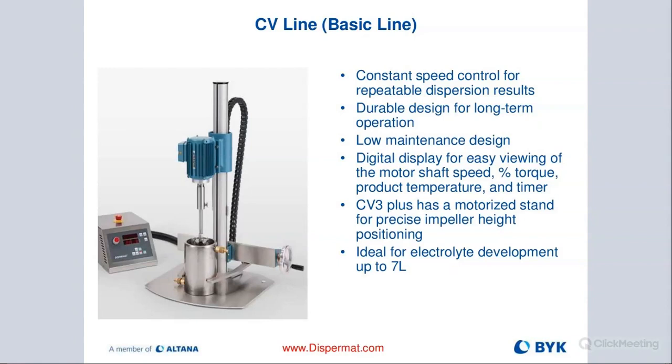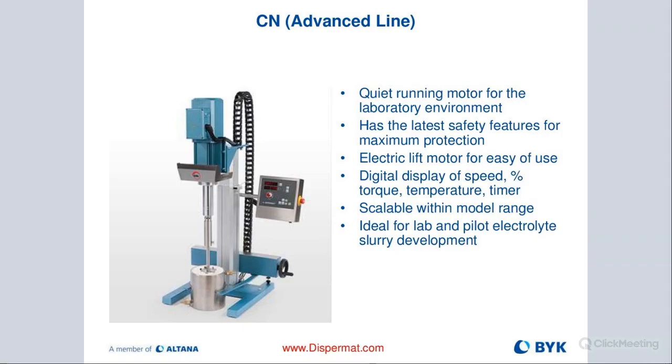It'll have a separate control panel like you've seen on the other model, and you'll be able to have all the safety features integrated as well. So really nice looking machine. Again, same motor technology. You'll see speed, torque, product temperature, timer. Actually, the new model will also show you the actual tip speed. So this is going to be the most advanced lab scale disperser, media mill on the market, allowing you to do up to about 7 liters of electrolyte or slurry development.